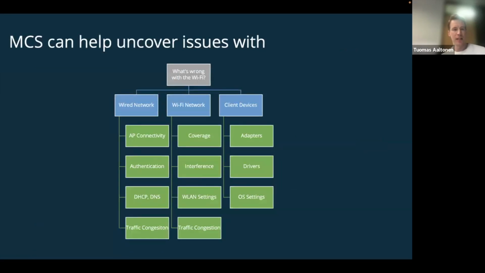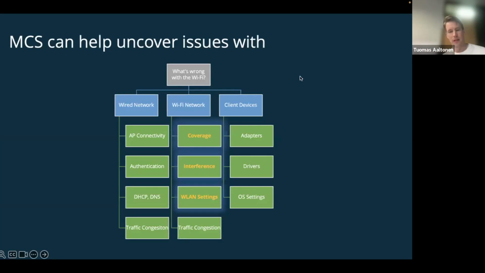So how can MCS help uncover problems? This table shows different categories of problems, and it falls into these three categories. If we see a client using a low MCS rate, then typically it has something to do with one of these, or it could be a combination of all three.